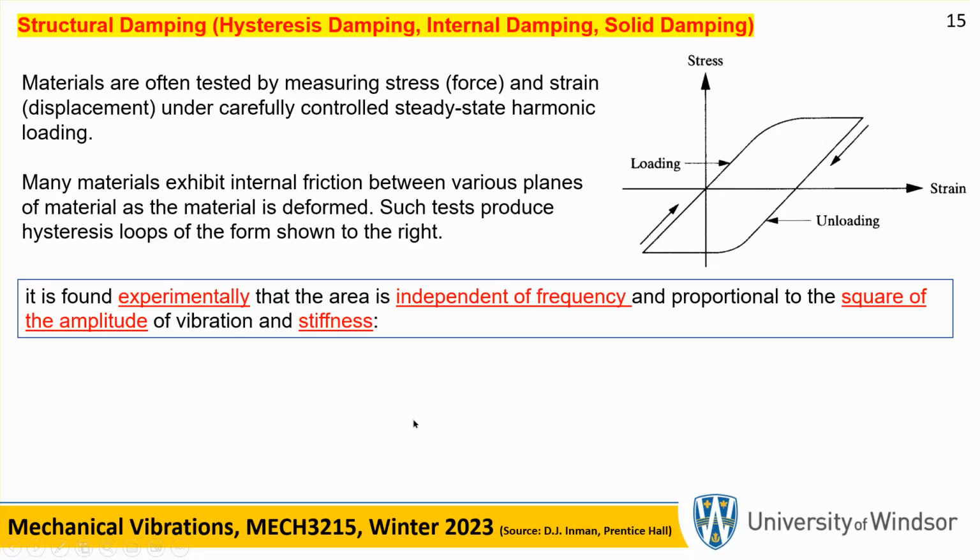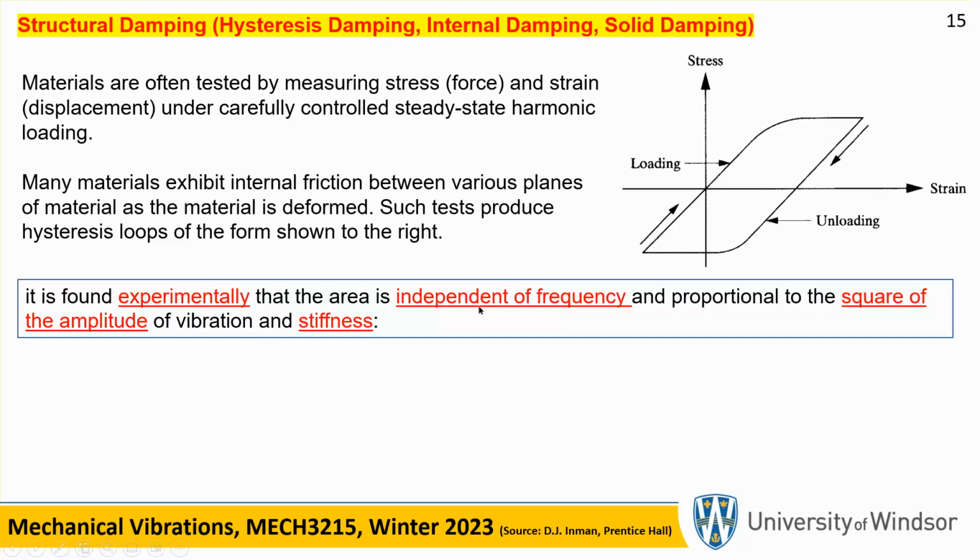Now, experiment has shown that if you do this based on a sinusoidal loading, because you put the sample in the machine and you can apply a sinusoidal load or a displacement, either way, that does not depend on the frequency. In other words, regardless of how fast you do it, you get the same kind of behavior.